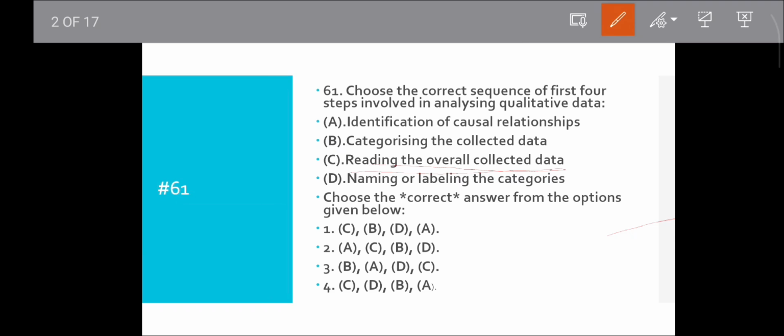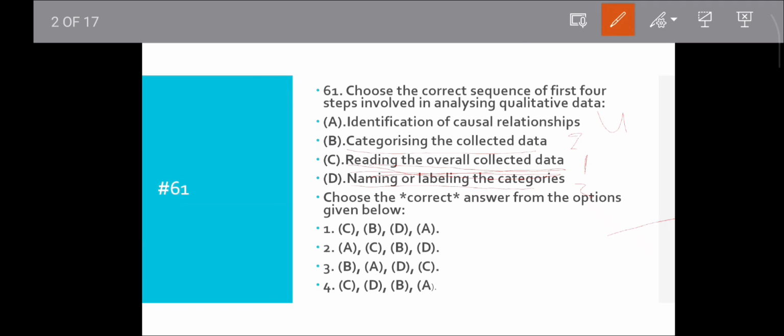So first what? Reading the overall collected data will be first. Then second, categorizing the collected data, B will be 2. Then naming or labeling the categories will be 3, and A will be 4.